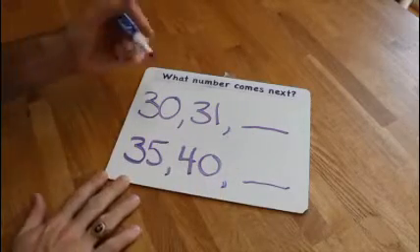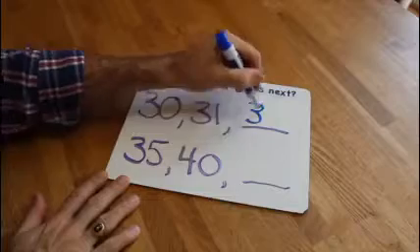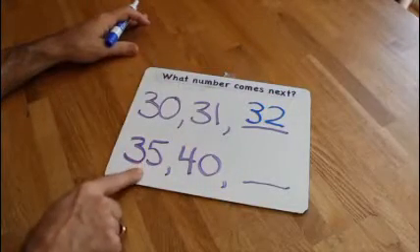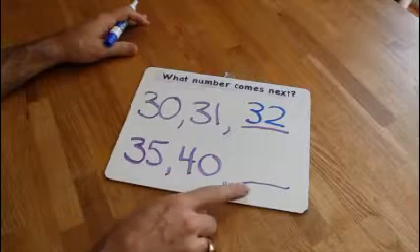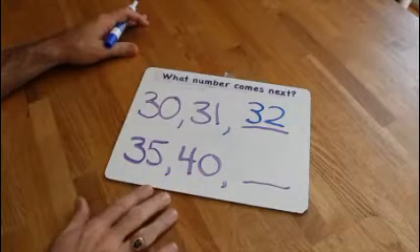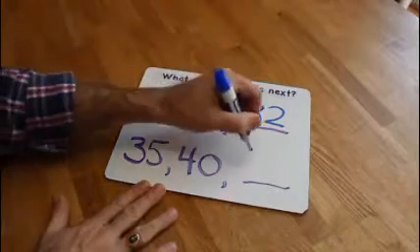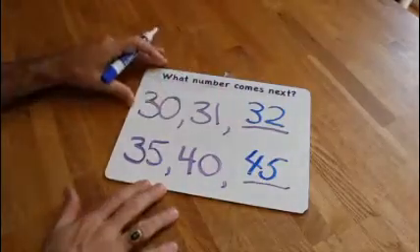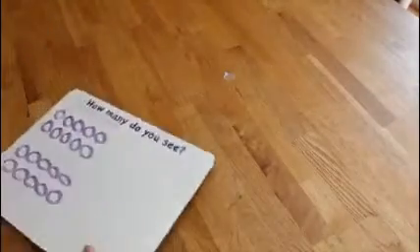How do we write a 32? 3 for the 10s, 2 for the 1s, 32. 35, 40, 45. How do we write a 45? 4 for the 10, 5 for the 1, 45. You guys are going to amaze your first grade teachers doing first grade work. Great job, guys.